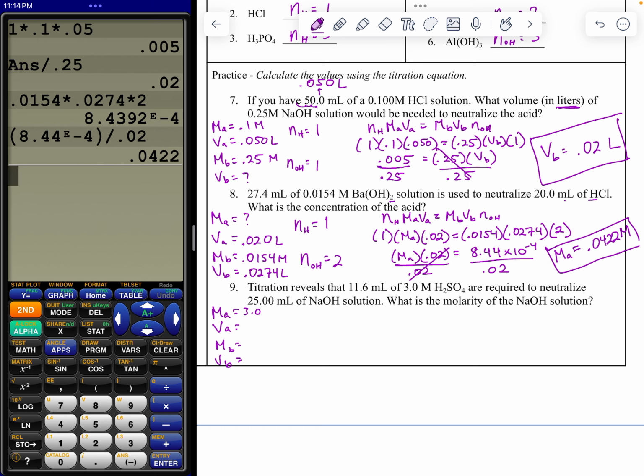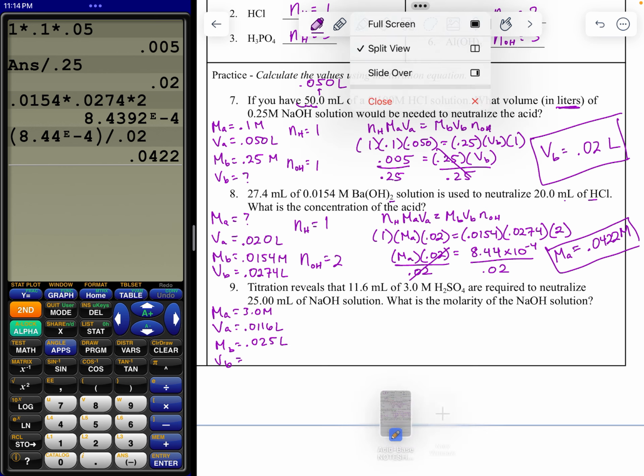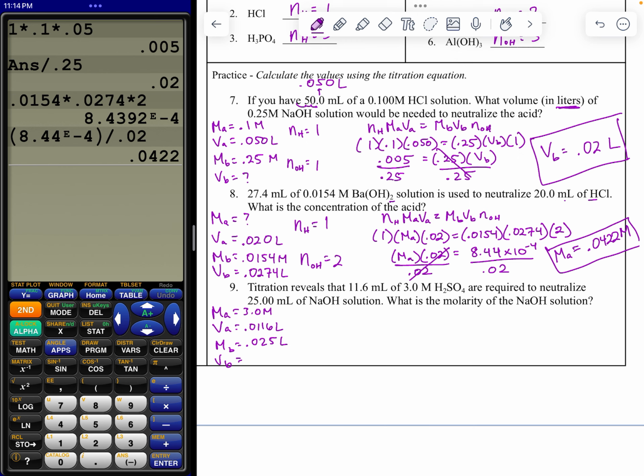The molarity is 3 molar. The volume is 0.0116 liters, required to neutralize 0.025 liters of base, and that is a volume, not a molarity, because we're looking for the molarity.